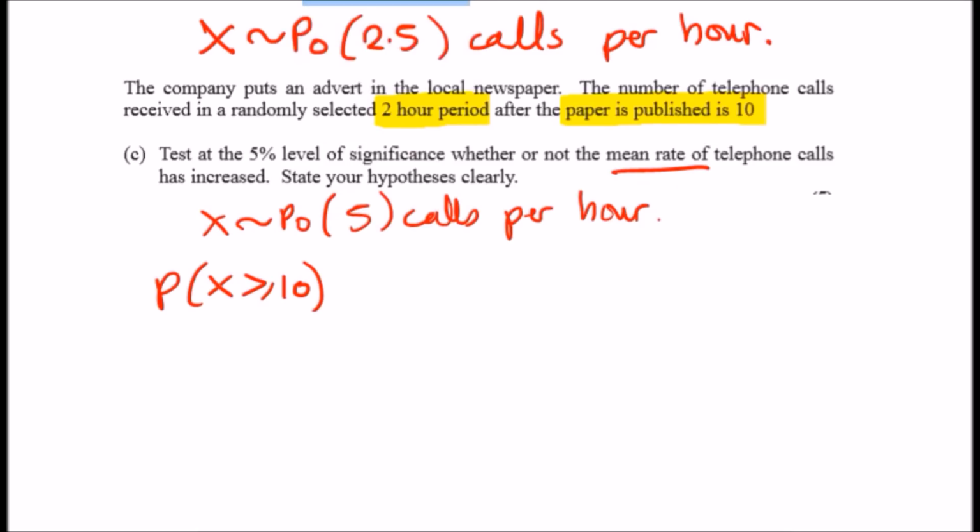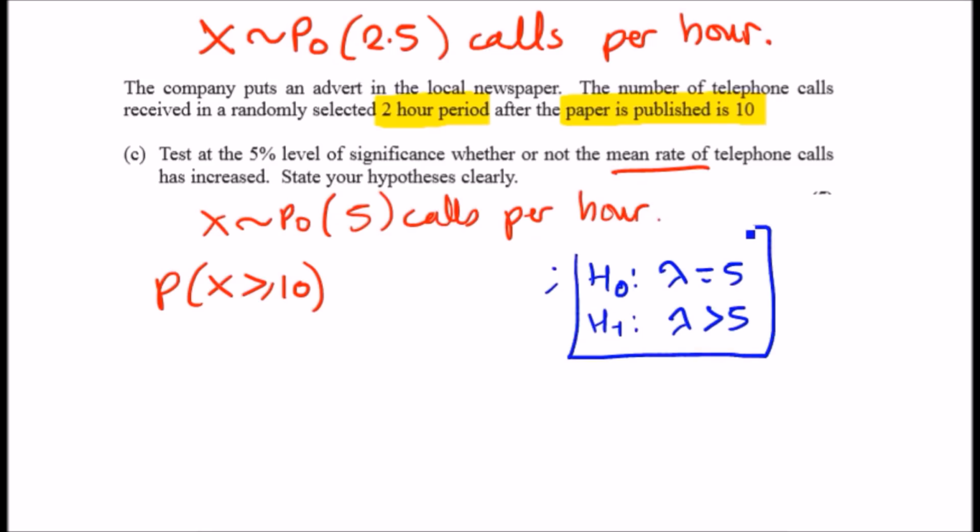So before we even do all this, let the null hypothesis and the alternative hypothesis be represented by the mean rate equal to 5, or if the mean rate has increased, so it would be greater than 5. Okay, so this is where we're going at. The reason why it's greater than 5 is because we're testing whether the mean rate has increased from, let's say, 5 to the published statement of 10.